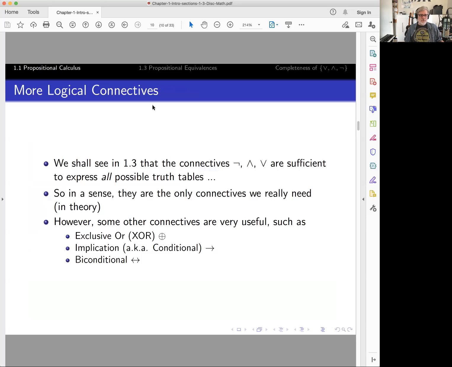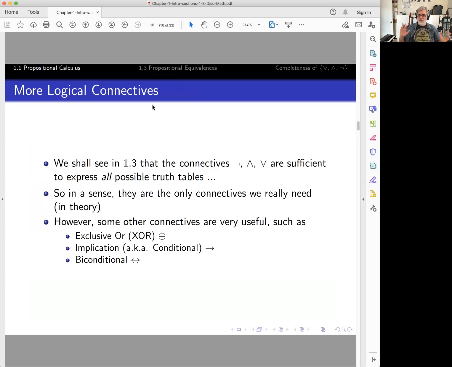Okay, so we have now three logical connectives. One which is unary, it just takes as input one proposition. The other two are binary, they take two propositions as input. And what's remarkable is that these three connectives are enough to build whatever you want.